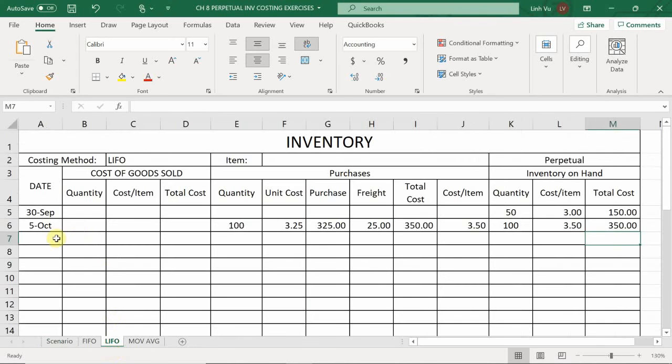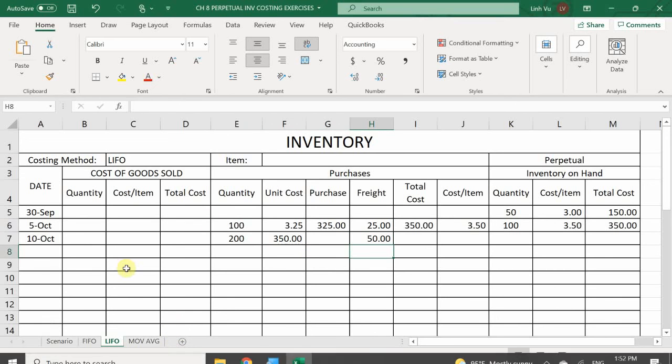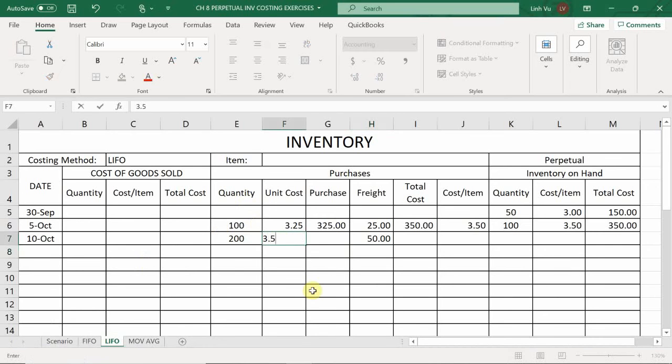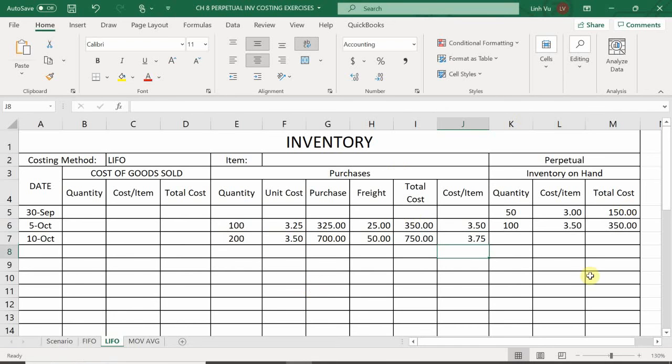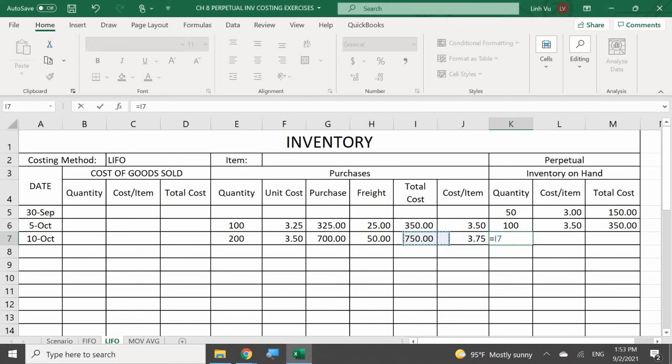So total purchases $700. 700 plus 50, $750, bringing my cost per item to be $3.75. Okay. Carry that into inventory.